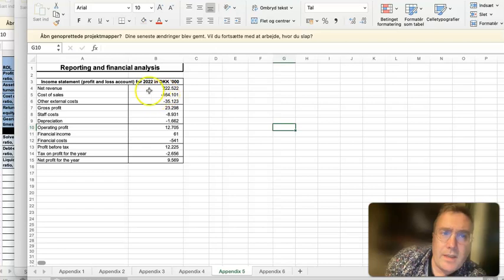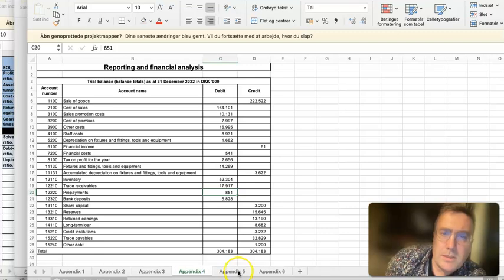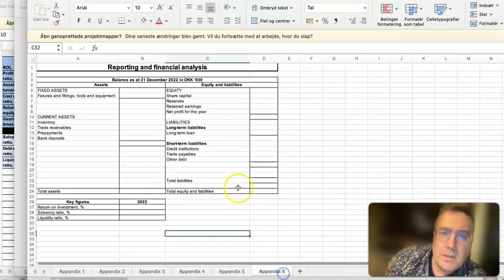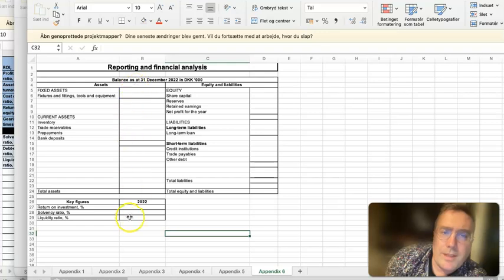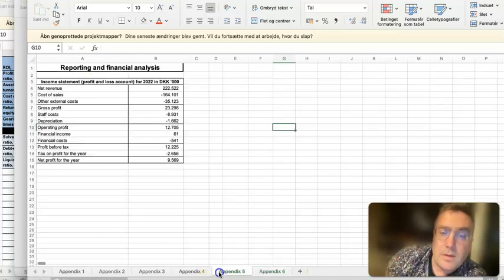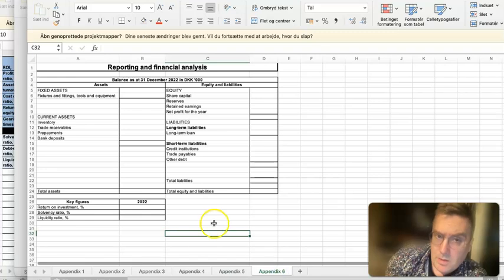And we have the reporting and financial analysis, net revenue, etc. So in this case, we need to fill out all of these. And when we have filled out all of these, we will be able to calculate the ratios.